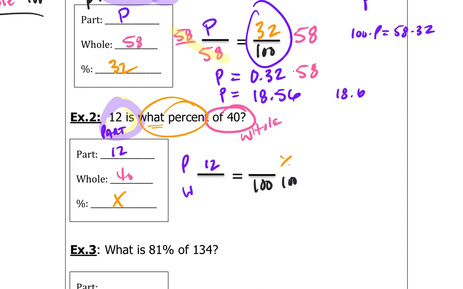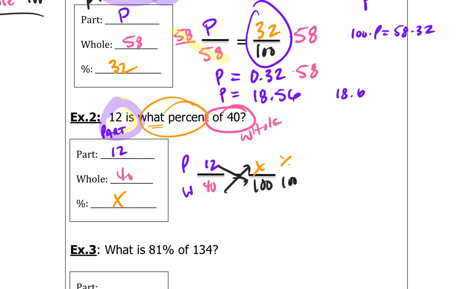We know that our whole is 40, and we don't know our percent, so we put an X there. And now we're solving this. Now again, if you look, you could just multiply both sides by 100. But let's be wild and crazy and just do the cross product equation, if that's the one you're most convinced you want to use.